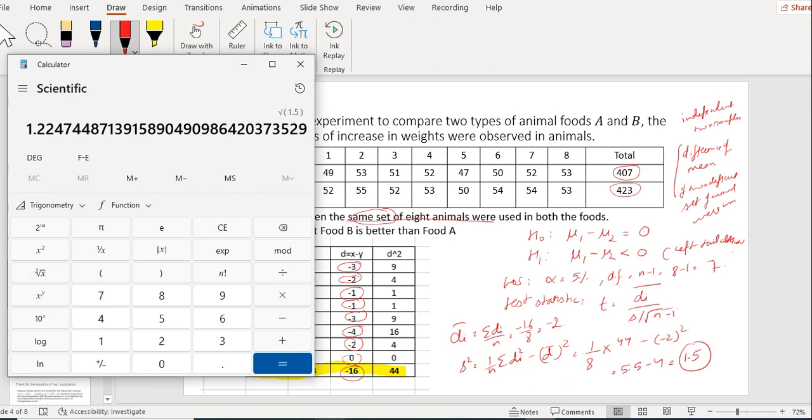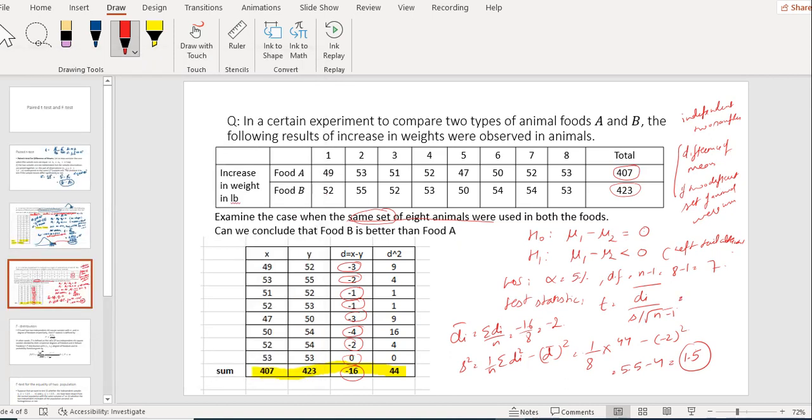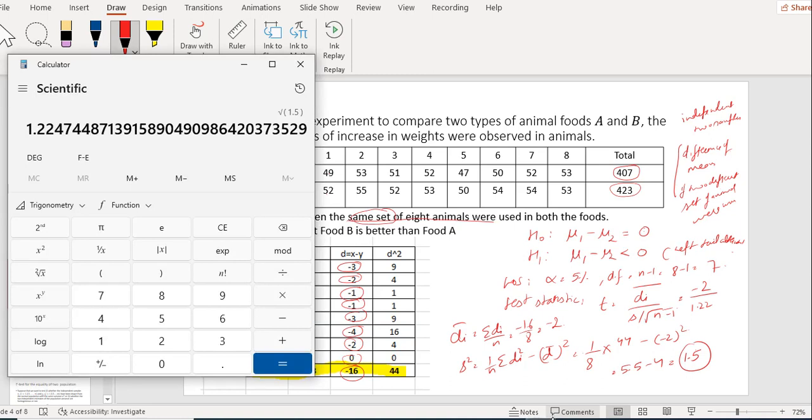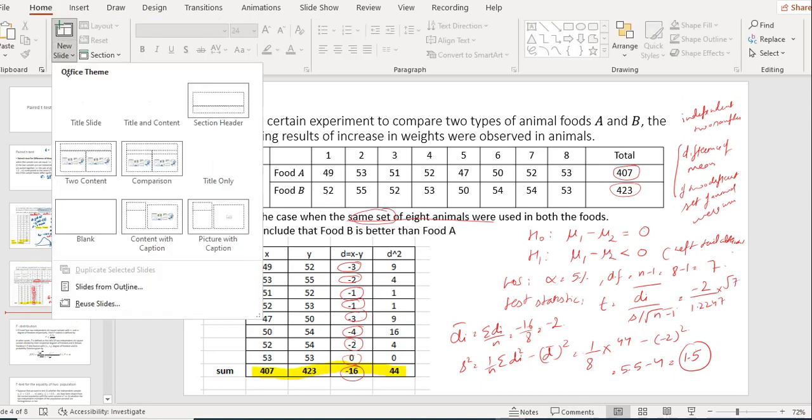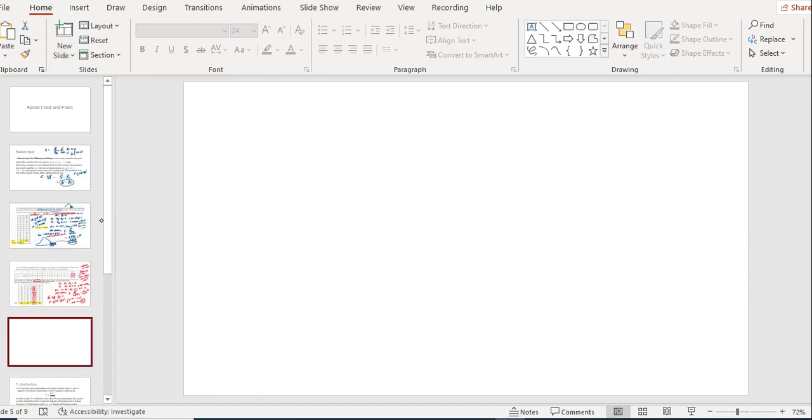So if I substitute this value here, d bar is minus 2 upon 1.2247, and square root 7 is in the numerator. So if we calculate this particular data, let me add one more slide. So the value of t comes out to be minus 2 into square root of 7 upon 1.2247.